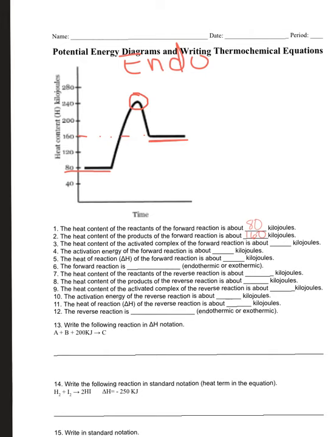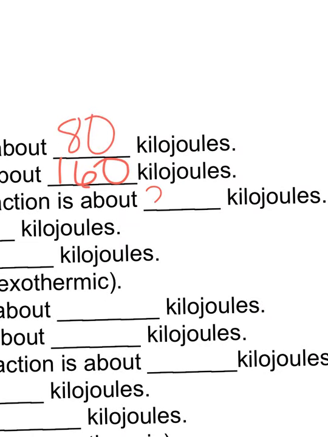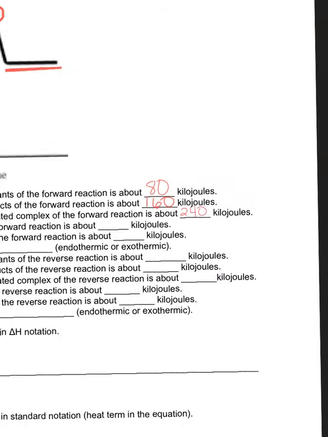But the activated complex is the highest point of the graph. 240 kilojoules.